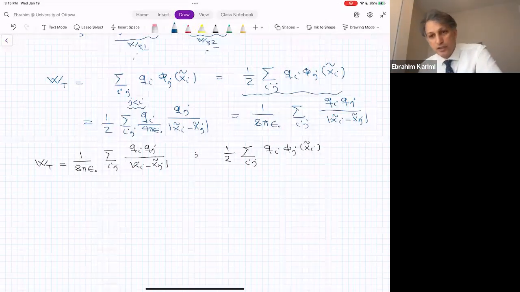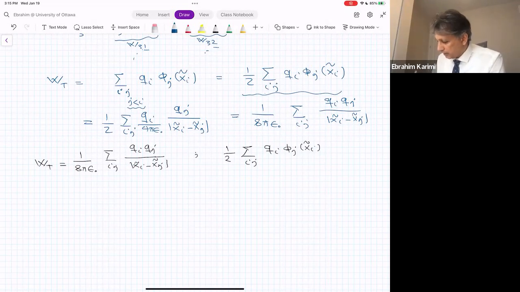Now, assuming that you have an infinitely small charge distribution of dq_i and dq_j, I will replace q_i and q_j with dq and dq prime.